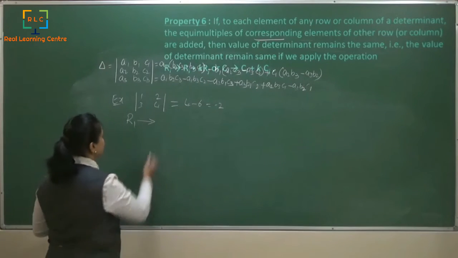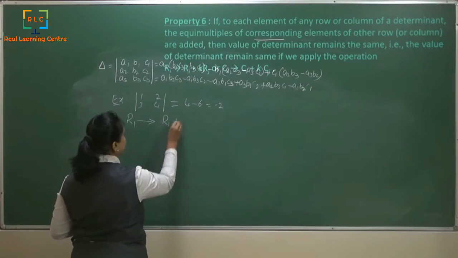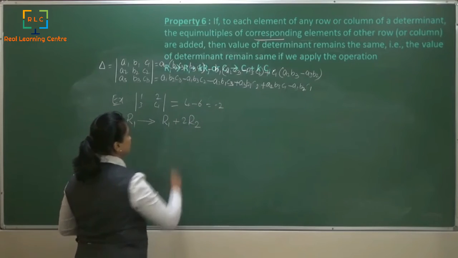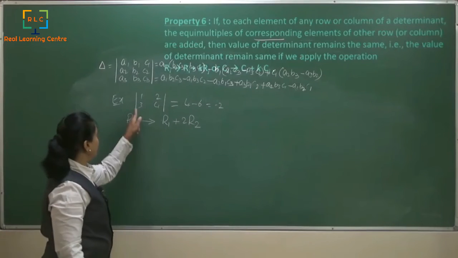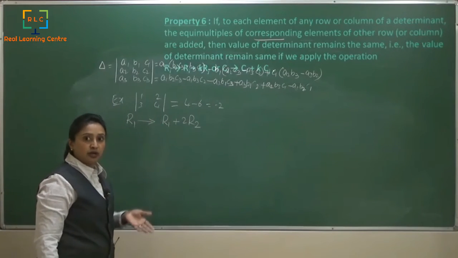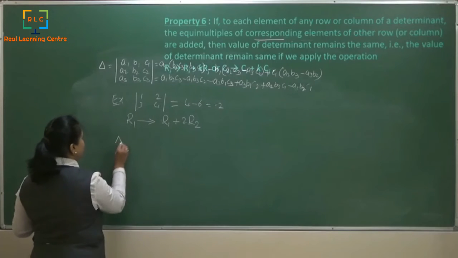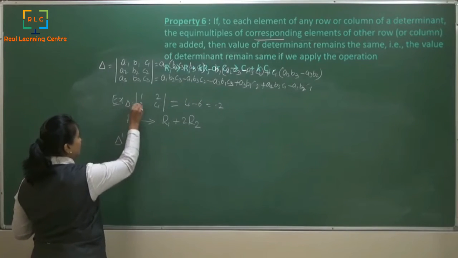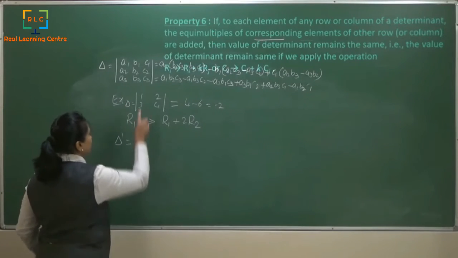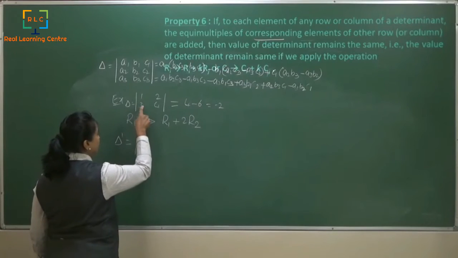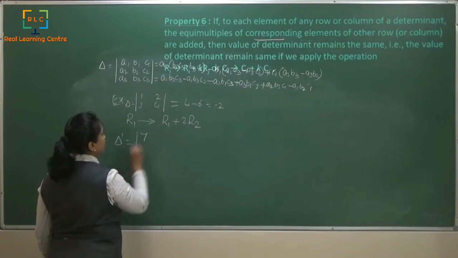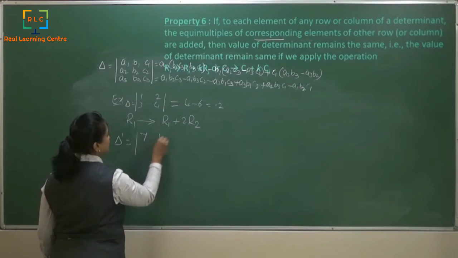How am I changing? R1 plus 2 times R2. I will multiply 2 to R2 and then add it to R1. So delta dash will be equal to, this is my delta. Row number 1, I will multiply this by 2 and add it to here. 3 2s are 6, 6 plus 1, 7. 4 2s are 8, 8 plus 2, 10.